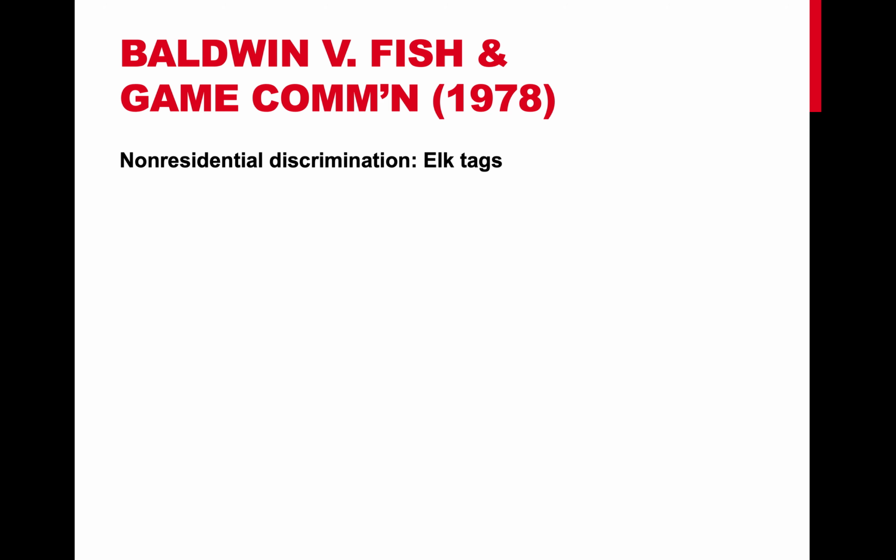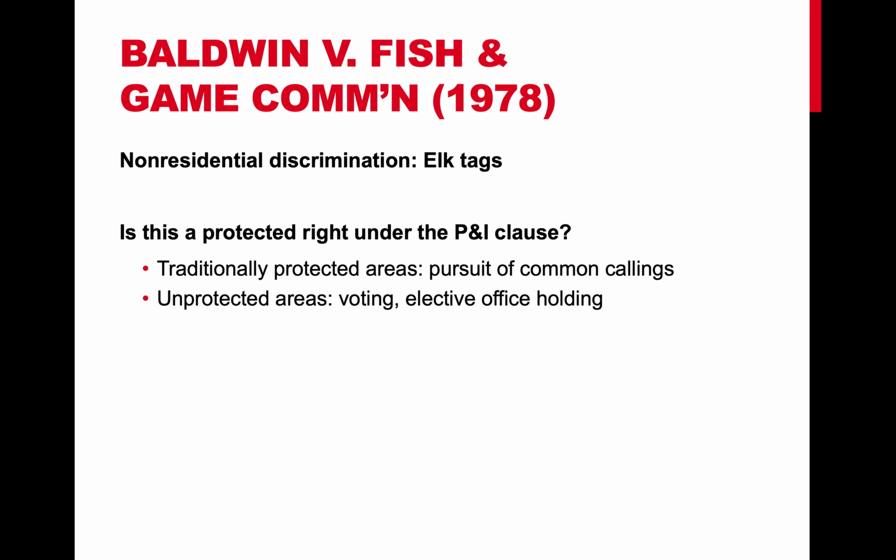How has the state discriminated against out-of-staters with regard to the privileges and immunities that it accords its own citizens? So clearly there's some discrimination going on here between Montana's own citizens and the way it treats out-of-state citizens. And the question then is: is elk hunting a privilege and immunity that is protected by Article 4?